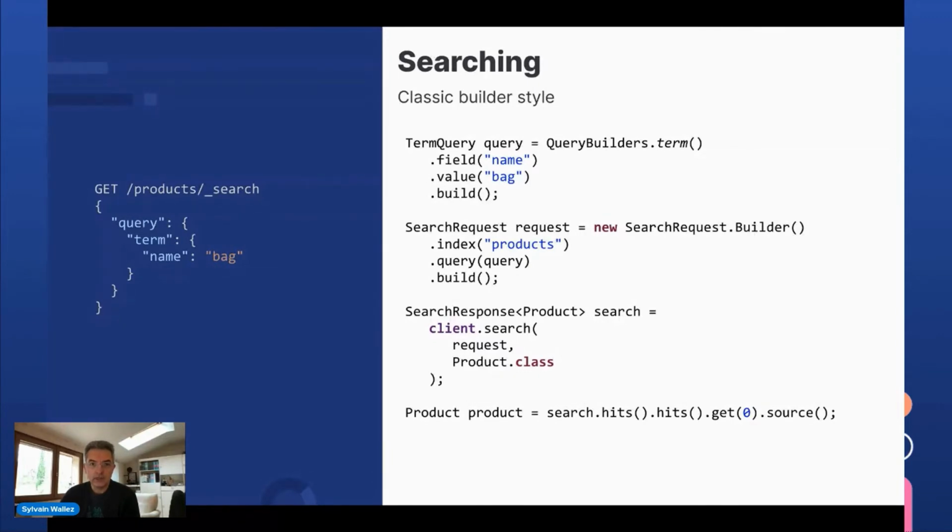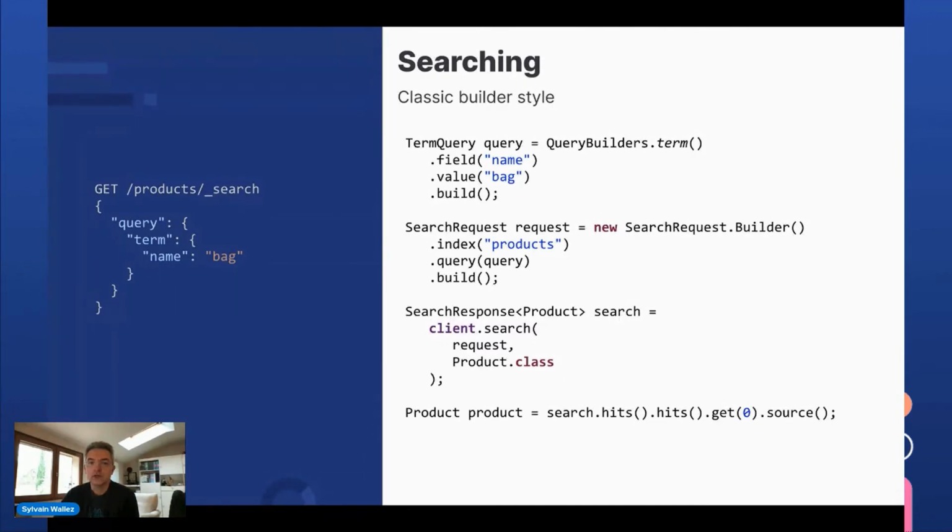So using the classic builder style approach, we will start by first creating a term query. So in the new client, we find again what you may be used to from the old client, which is the builders, plural objects that are helpers that give you access to all the variants of queries, aggregations, and so on. So we create a term query builder, then set its field.